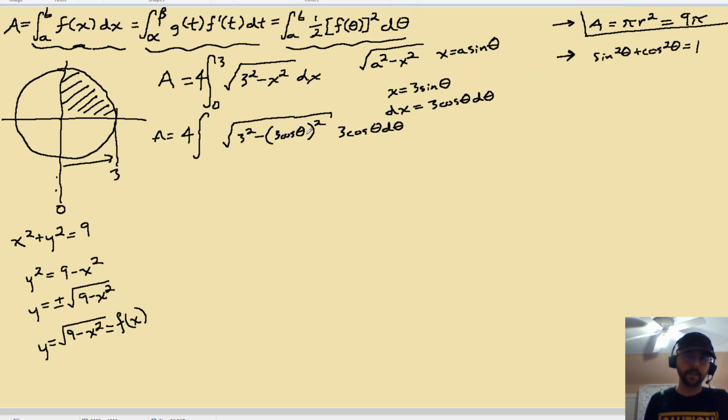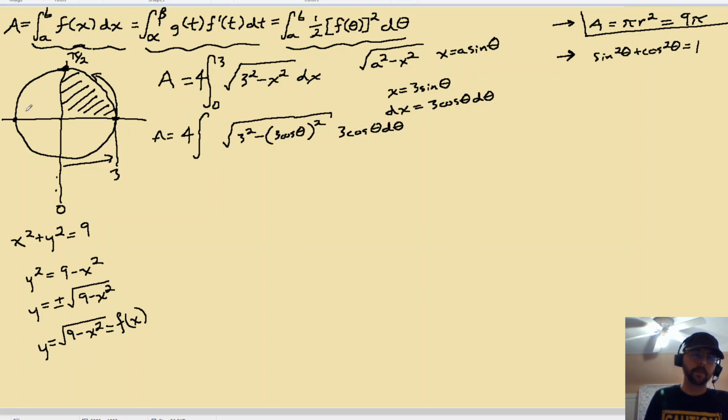So in thetas, this is where you start when you're dealing with radians, which is always what you're going to deal with for this type of problem. This is our first value for theta, our lowest value for theta of 0. And we're moving in this direction, and our highest value of theta is here. And this value of theta is pi over 2.